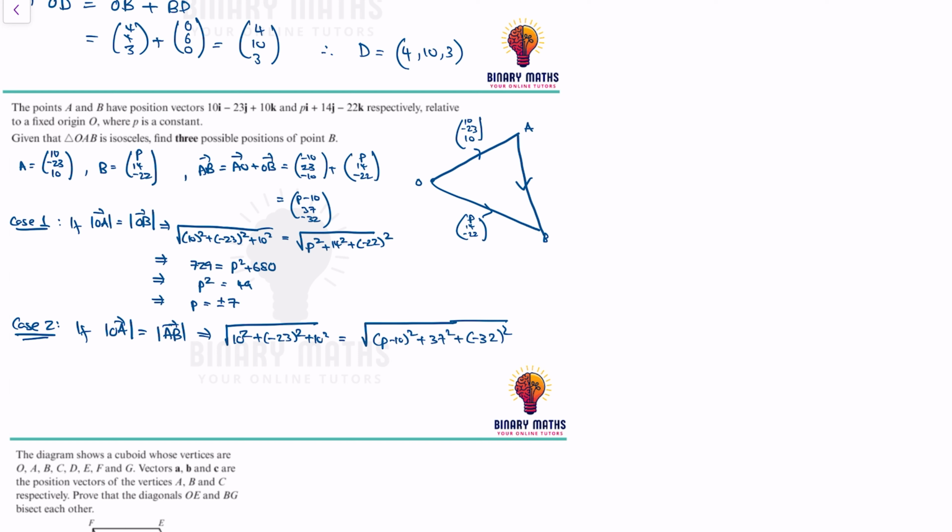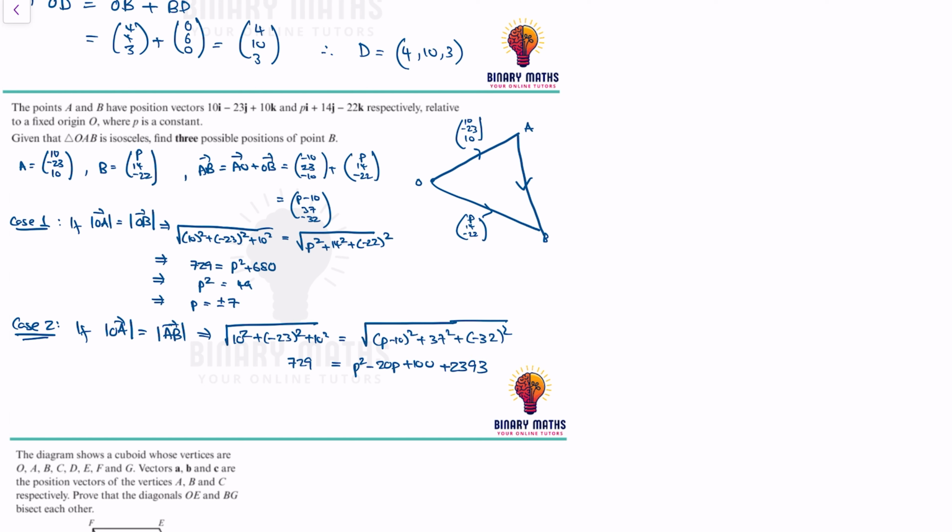If we get rid of the square root and simplify, we get 729 on this side. If we expand (p - 10) squared, we get p squared minus 20p plus 100. 37 squared plus (-32) squared is 2393.